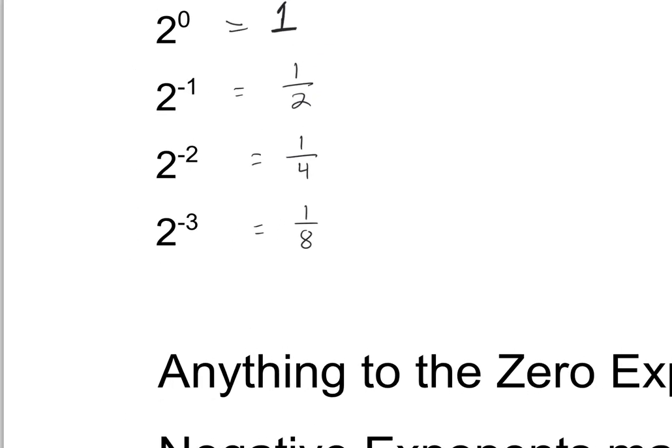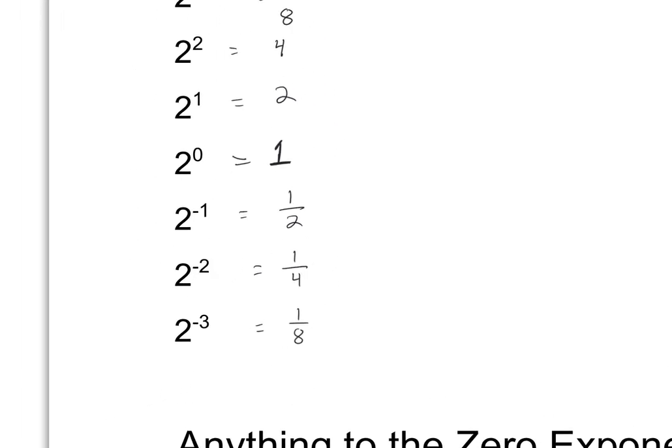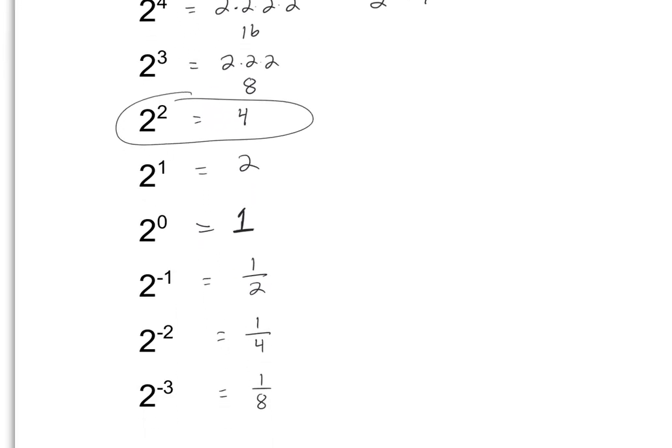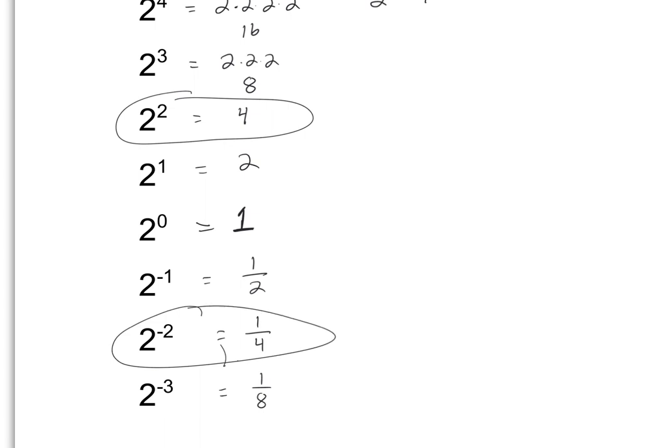And if you notice, 2 to the second is 4. 2 to the -2 is 1/4. So really it's just 1 over 2 to the second. 2 to the third was 8. 2 to the -3 is 1/8. So it's just 1 over 2 to the third. And we'll talk about that concept in just a little bit.